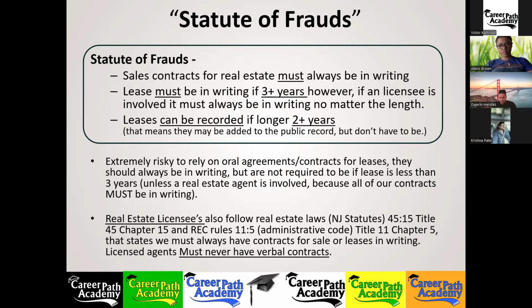A lease contract is not, unless it's 3 years or more. Then it's required to be in writing. Or if a real estate agent is involved, any contracts we prepare must be in writing. And if a lease is 2 years or more, we could record it.